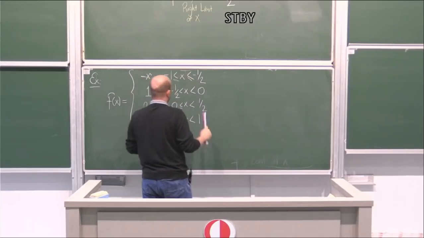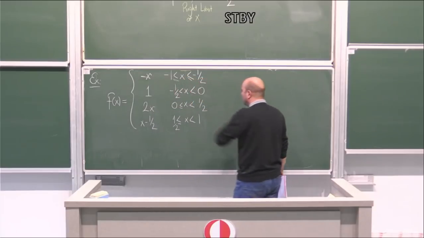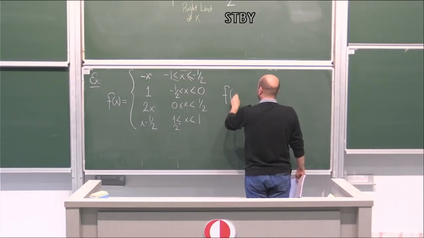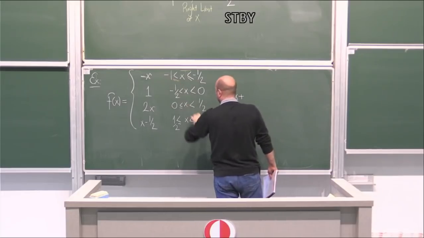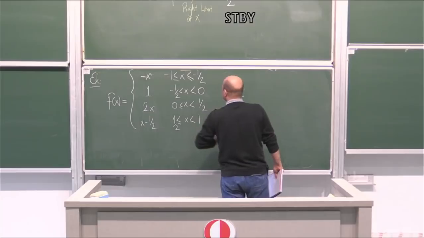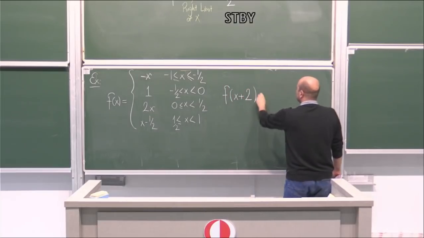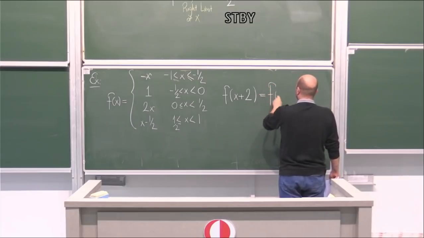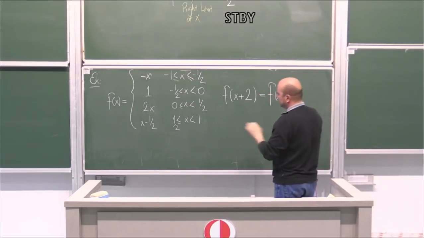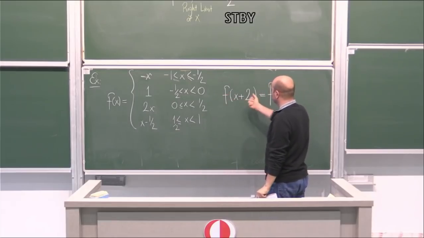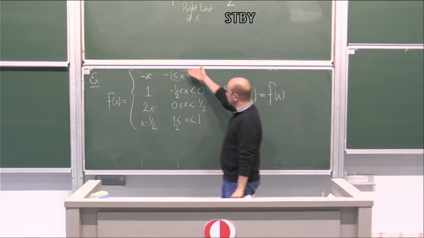So I just gave you what's happening between minus 1 and 1, and also, like minus L, L, its period is 2. All right, so this is a periodic function with period 2.